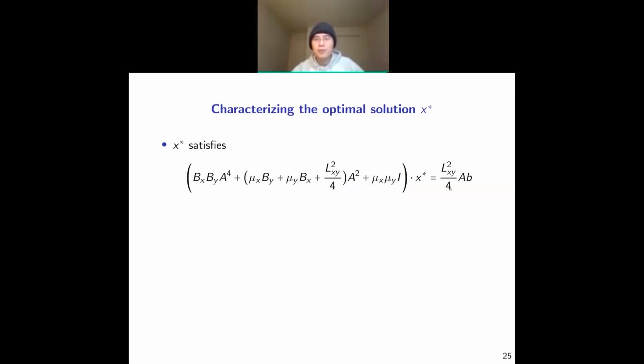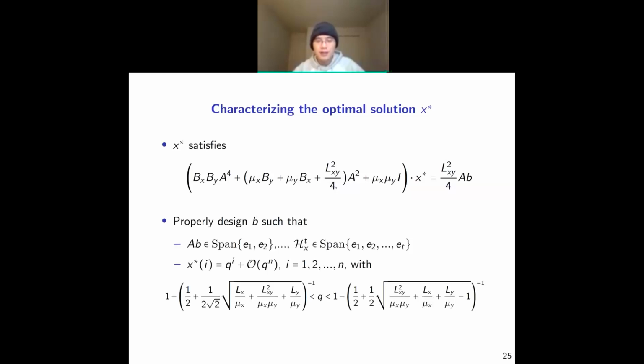So our saddle point will just be the solution of this equation. But unfortunately, this matrix is quite complicated. The main hardness is to give a solution to this equation in an analytic form.